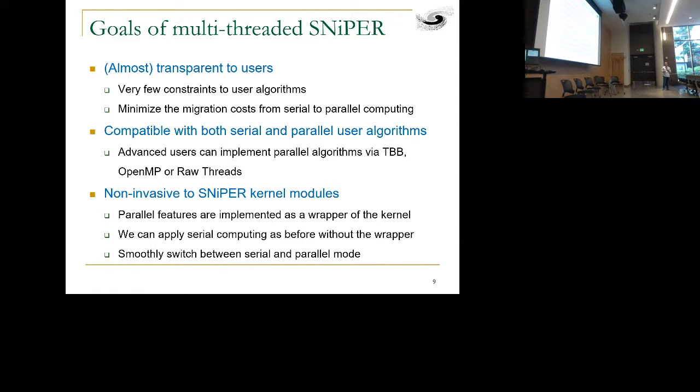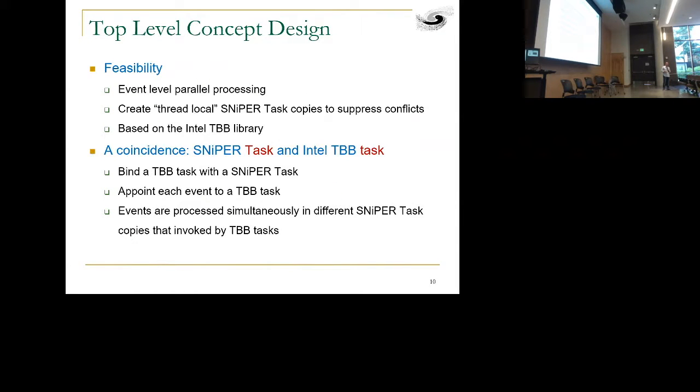The parallel features are implemented in a wrapper of the kernel, and we can apply serial computing as before without the wrapper, so that users can smoothly switch between serial and parallel running modes. In order to achieve our goals, we made some top-level concept design.